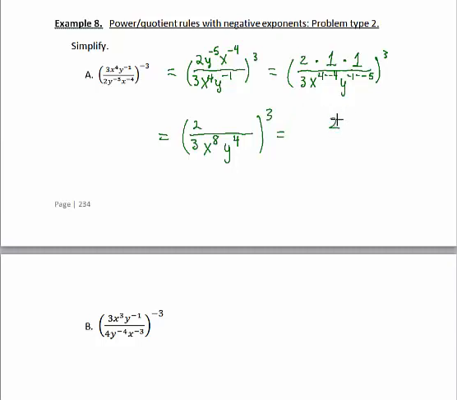We write 2 to the 3rd power on the top, and everything's just going to stay where it's located. The 3 is going to stay on the bottom. We just apply a power of 3 to it. X is going to stay on the bottom, and we multiply its exponent by the 3. And now we apply the 3 to the y, and it multiplies the 4.